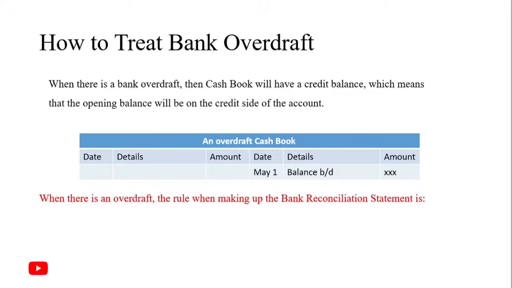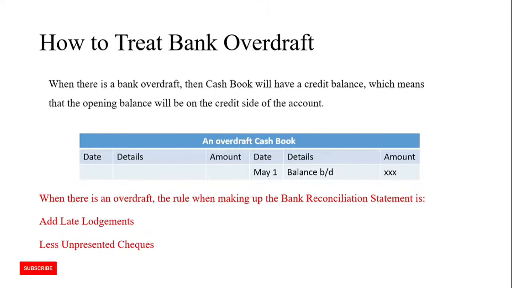Now when there is an overdraft, the rule of thumb when making up the bank reconciliation statement is that we add late lodgements and we less unpresented checks. So if you look at the rule when you are dealing with an overdraft, it is basically the same rule as when you are starting the bank reconciliation statement with the bank statement balance.